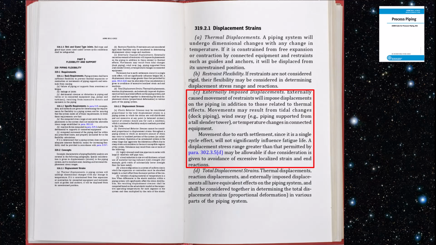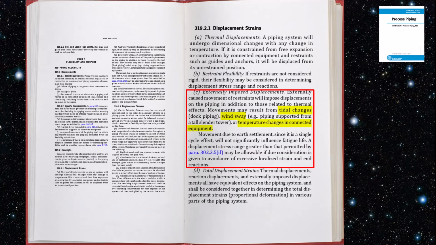Specifically, we're interested in externally induced displacements, such as tidal changes for docks or loading stations, wind sway for very high towers, and obviously, and one very common, is temperature changes in equipment, vessels, that we are attaching piping systems to.